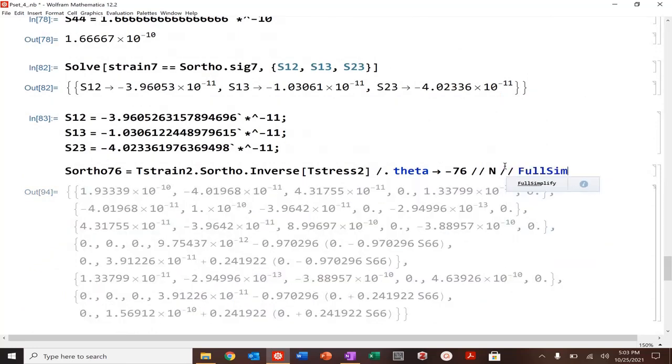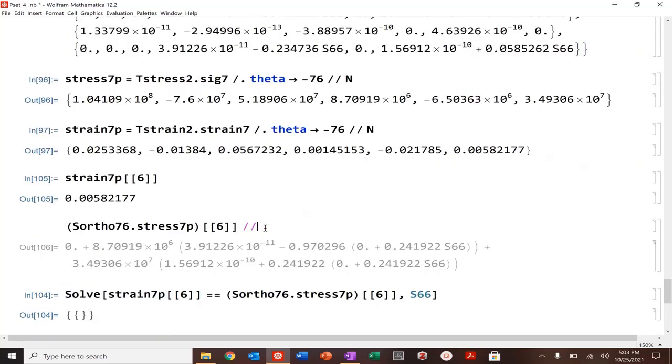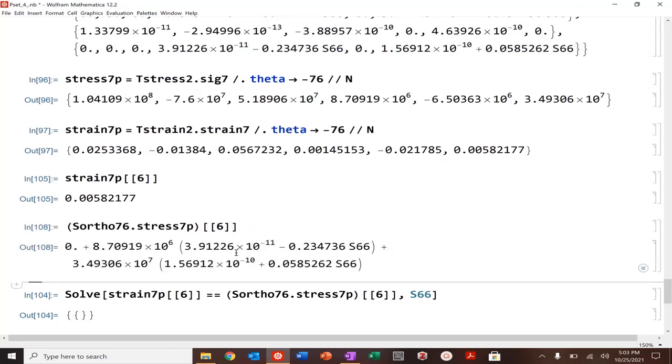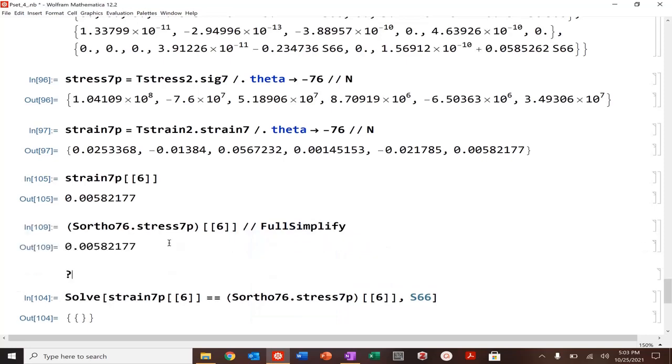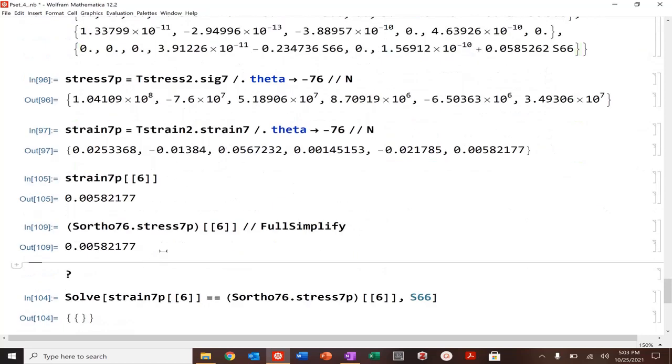Do full simplify. Oh, that's what it is. Oh, that's why it's not giving me a value, because it's already, that is a little bit.